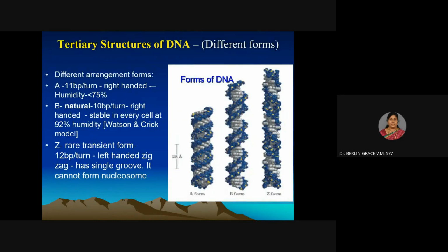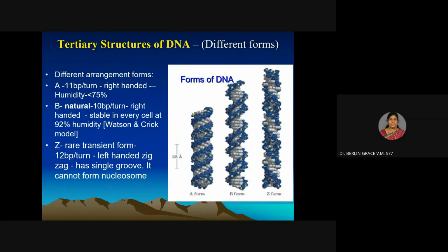This DNA has different forms depending on the environment in the cell. If the humidity goes below 75 percent, it forms the A form of DNA, which is a right-handed helix with 11 base pairs per turn.